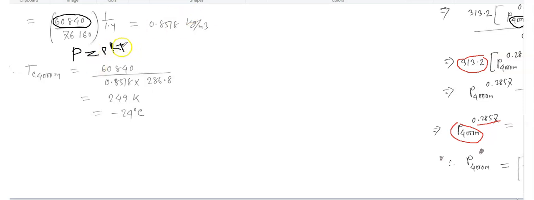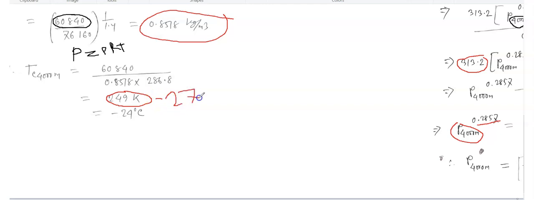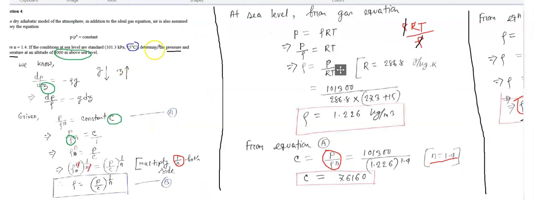We know T equals P by rho R, where this is the pressure, this is the gas constant, and this is the density we just calculated. We got 249 Kelvin. We need it in centigrade, so we subtract 273, and it will be negative 24. So that's the temperature. We calculated the temperature and the pressure at 4000 meters of altitude.